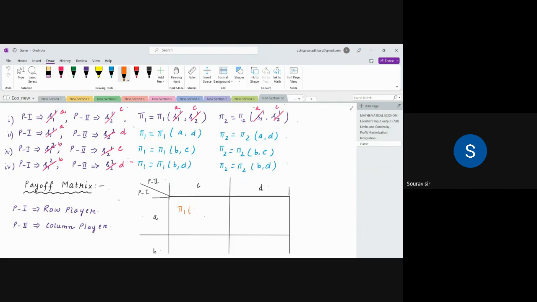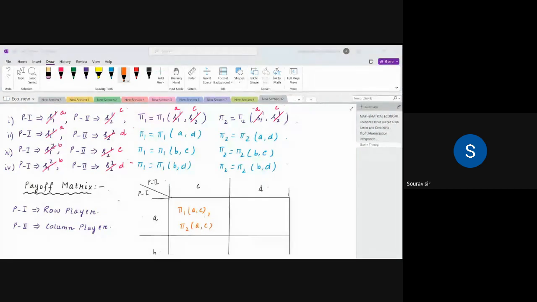It is pi 1, which is a function of A comma C, and pi 2, which is a function of A comma C. It is just like the coordinates that you write, the row coordinate first and the column coordinate second. So you will just fill it in with the values.